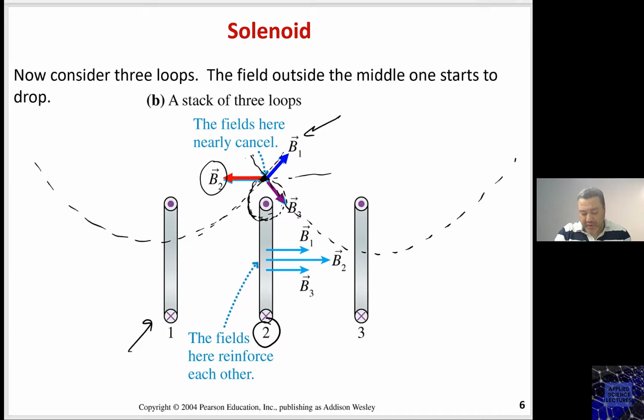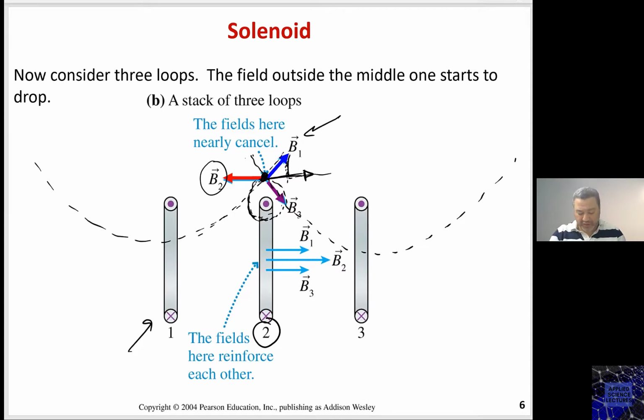So here I have the projection of B1 and the projection of B2. It's going to result in a magnetic field that is opposite and canceling B2. That's why we will say that at this point the magnetic field will be weak.